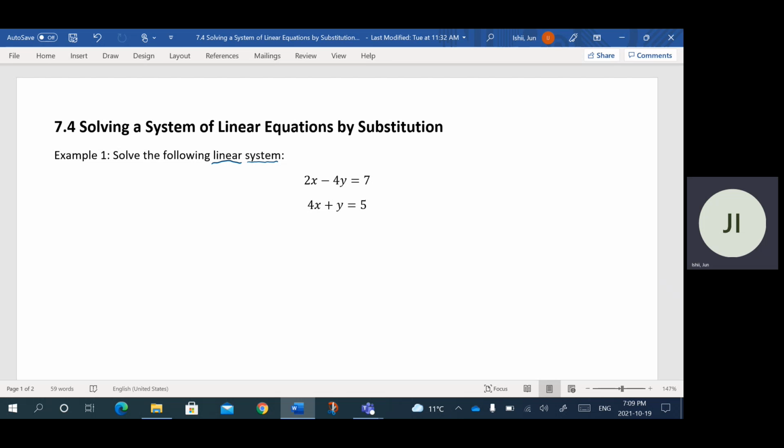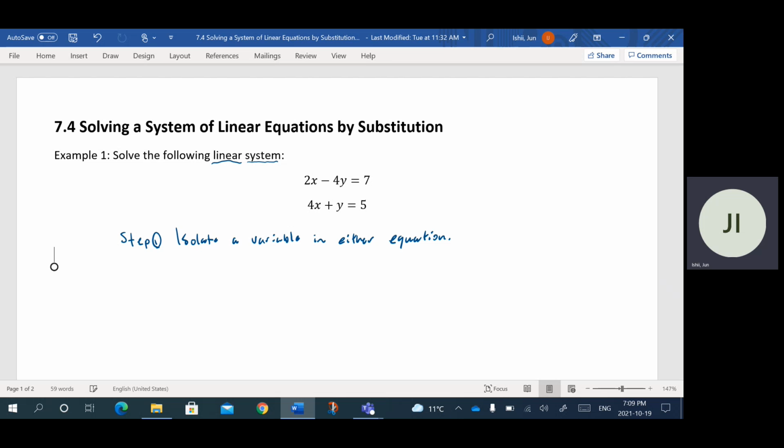When it comes to substitution, our first step is to take either one of these equations and isolate a variable. So I'm just going to write step 1: we're going to isolate a variable in either equation.